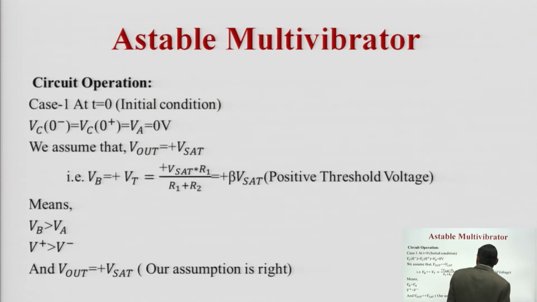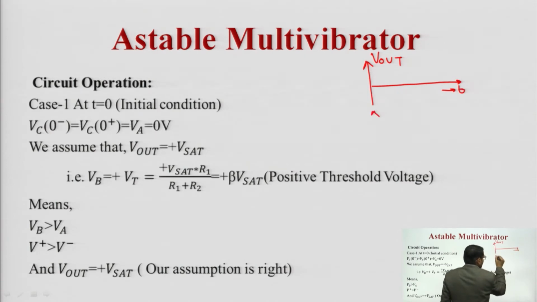Now, consider the circuit operation, case first. We assume three waveforms for circuit operation. One is the V out versus t graph.